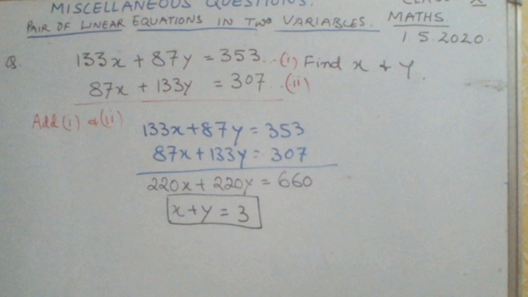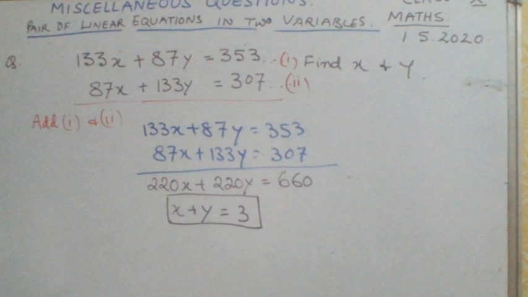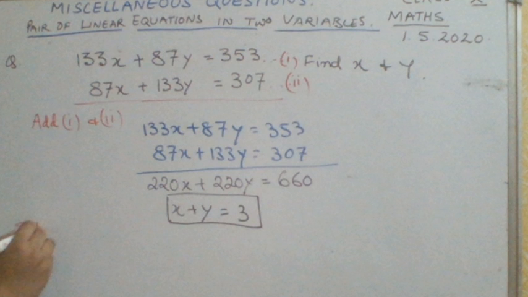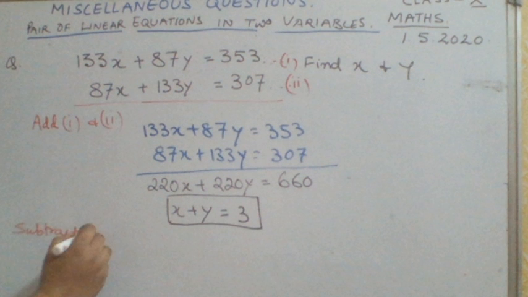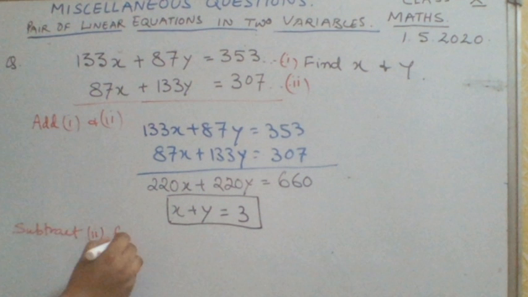Now next what do we do? Now we subtract these two equations. Once we add and then we subtract. Subtract your second from the first. Subtract 2 from 1, or you can subtract 1 from 2.